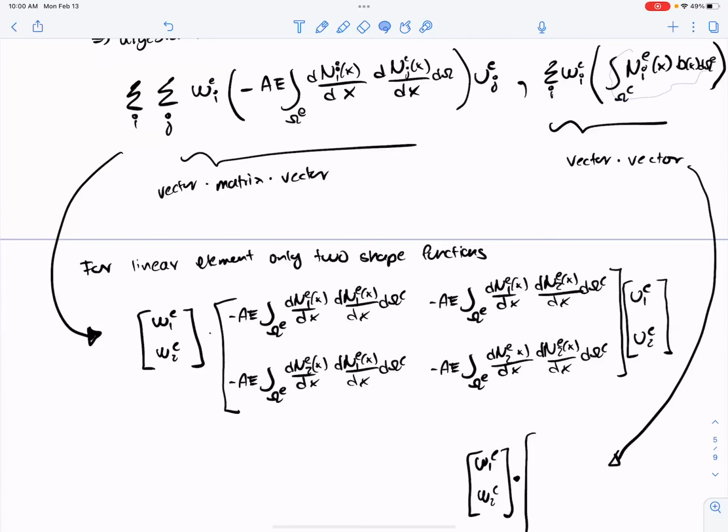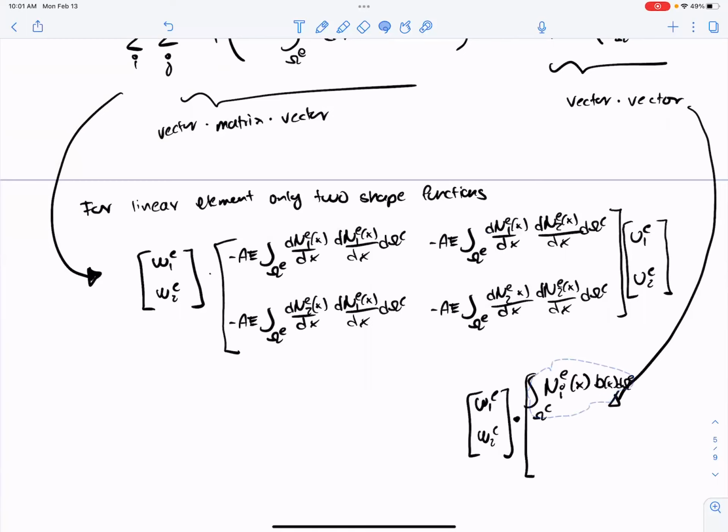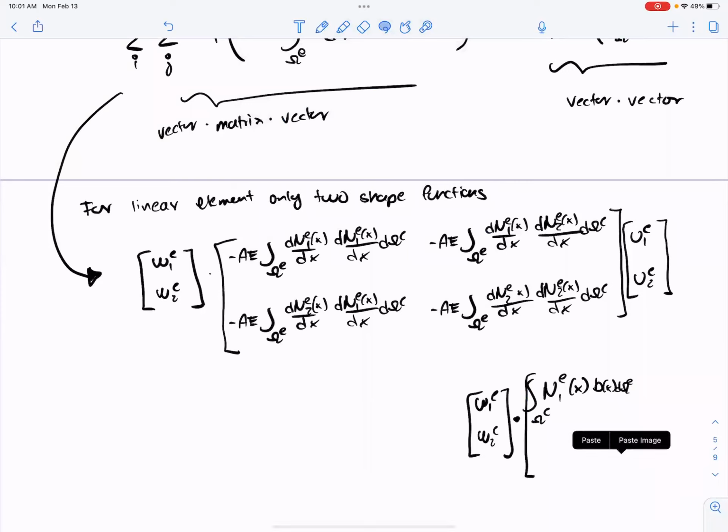So it's this one. But here is either n1 or n2.